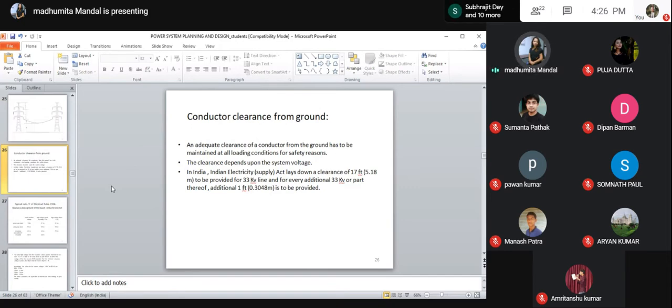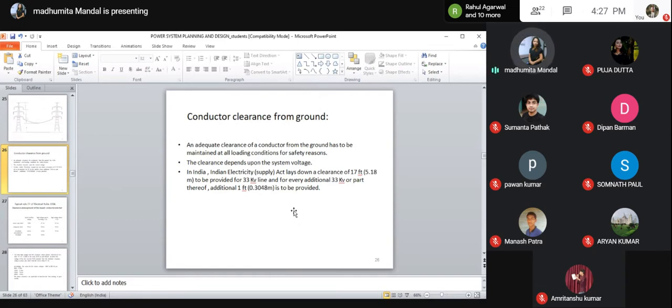In India, according to the Indian Electricity Act, a clearance of 17 feet, that is 5.18 meter, is to be provided for a 33 kV line, and for every additional 33 kV or part thereof, an additional 1 foot or 0.3048 meter is to be provided.